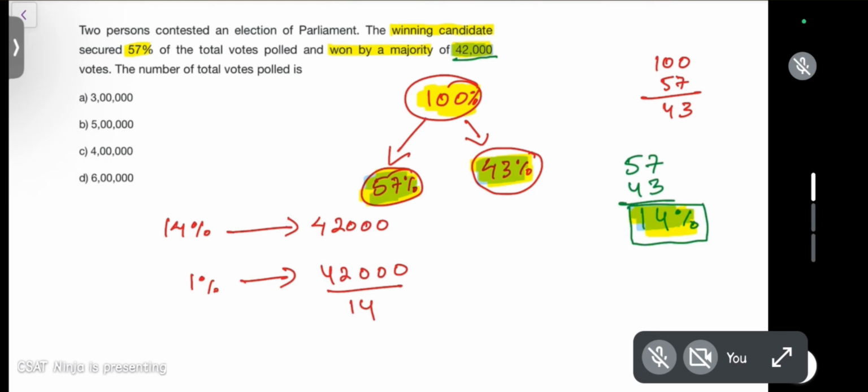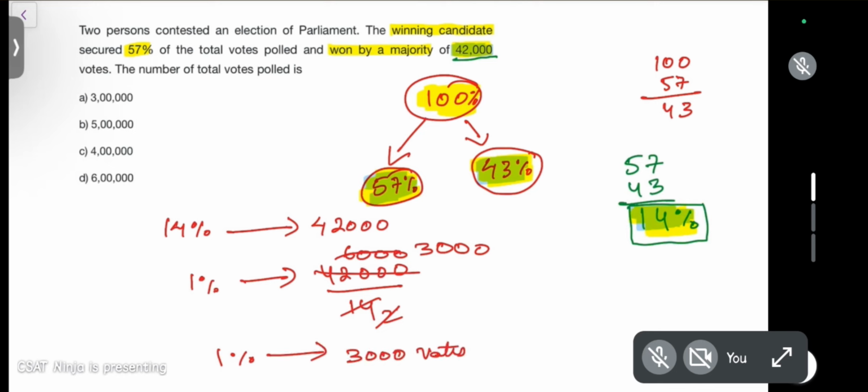If I reduce this, 7 2s are 14, 7 6s are 42, so 1% is 3,000 votes. But what is the number of total votes polled?